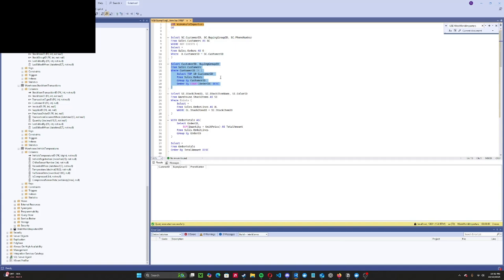Let's see here. Next we have this is going to be looking at the top 10 customers that we have from our databases. So we are using specifically the where in. So we are looking at customer ID, so specific customers that do have the top counts of the order ID.